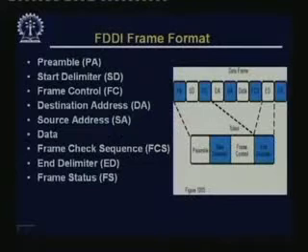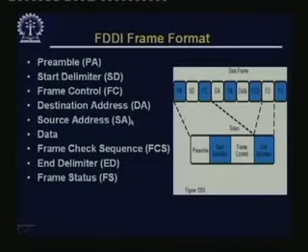So, this is an example frame format, the FDDI frame format. This has some preamble. We will not go into the details of this, because it is not very important anymore, but we will just mention that such fields are quite common in many frames. We have a start delimiter, a frame control, and a destination address. This has to be there, because otherwise the station will not know that this particular packet is meant for it.